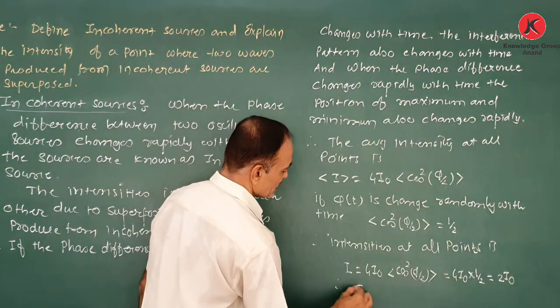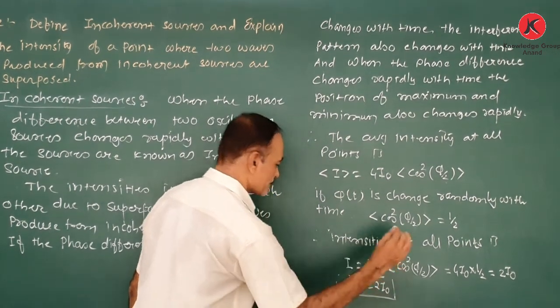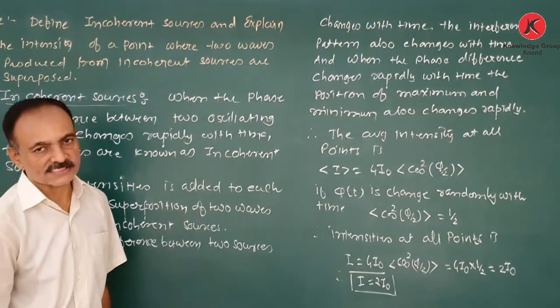Therefore, intensity I = 2I0 in case of incoherent sources.